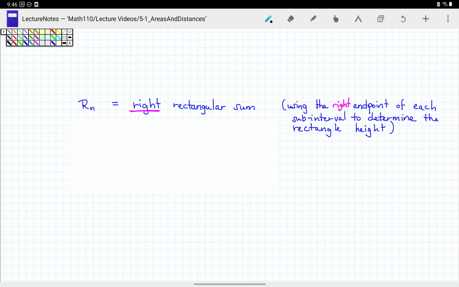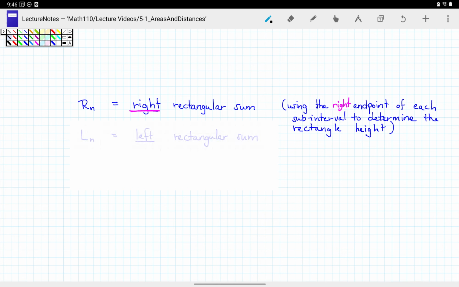I think I misspoke there. It is true that Riemann is the name that's associated with this type of sum. However, I believe that the R sub n notation is really only used to denote the right rectangular sum, which is using the right endpoints of each subinterval to determine the rectangle height.